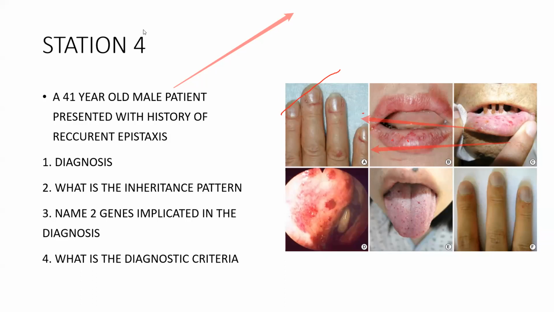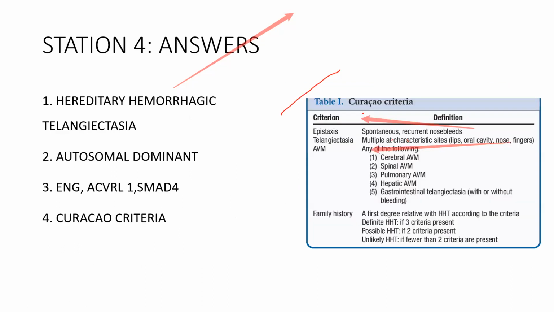And this is a classical case of hereditary hemorrhagic telangiectasia, Osler-Weber-Rendu syndrome. Can we go to the answer slide? And there is a peculiar criteria for the diagnosis of Osler-Weber syndrome, that is hereditary hemorrhagic telangiectasia.